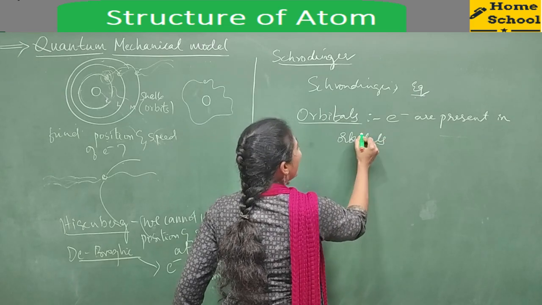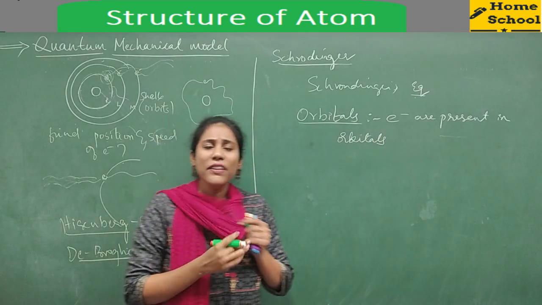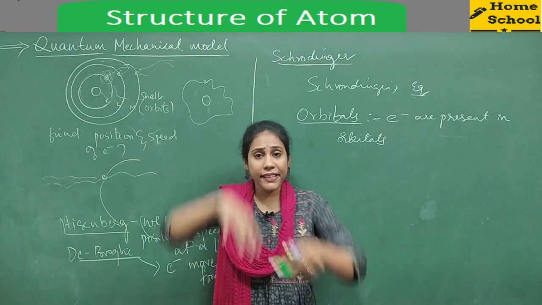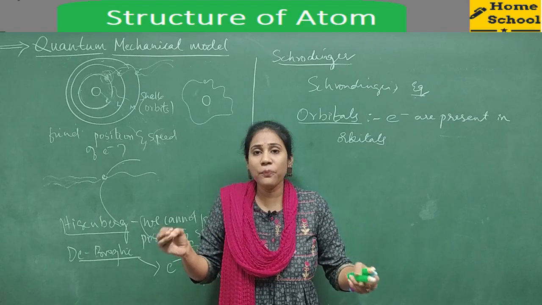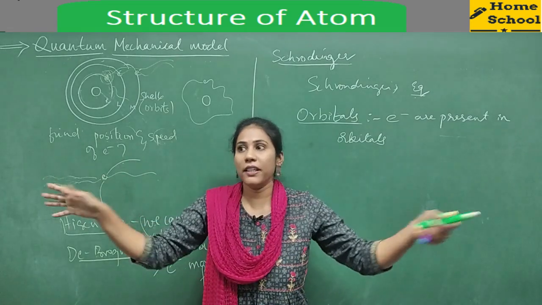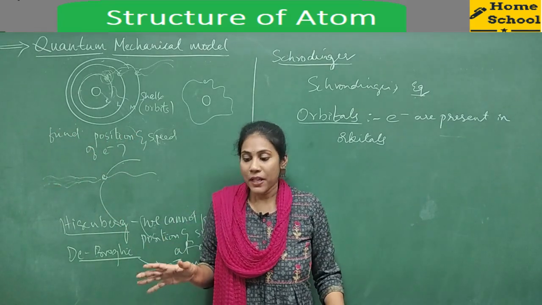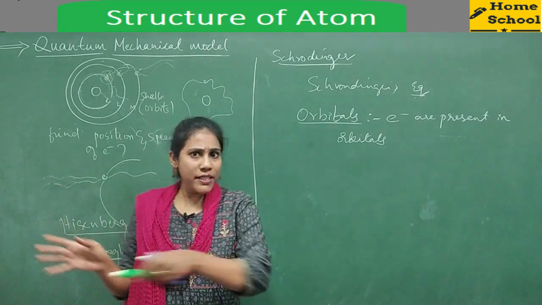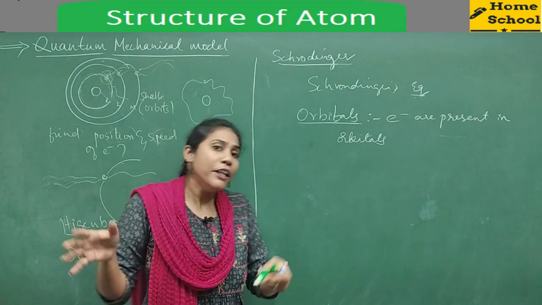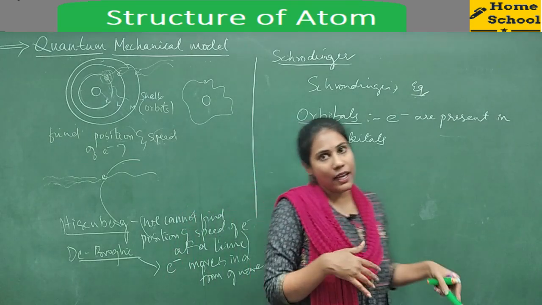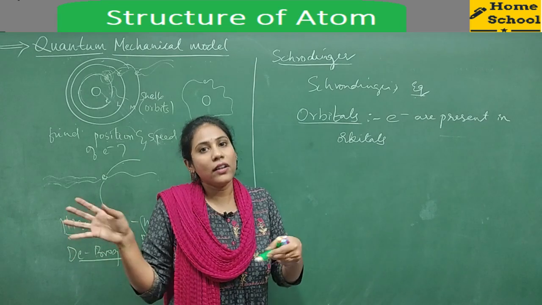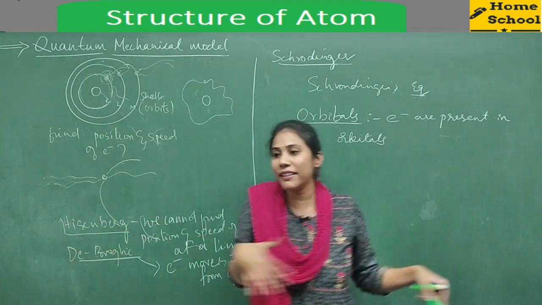So what do you mean by this orbital? Say for example, before we understand the word orbital, say this is a big room. The room where I am recording this video is very, very big. It has four big corners. But I'm not using all the place. If you want to locate my position, you can see me only in this area. You can say that ma'am is moving, teaching, or using only this area.